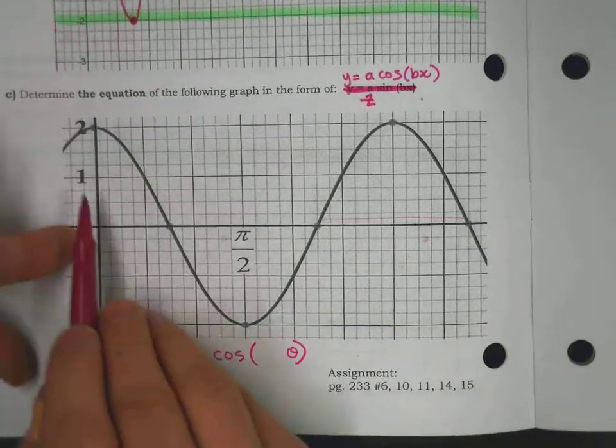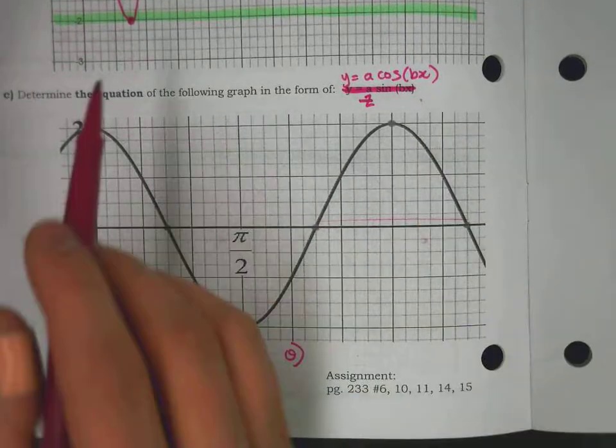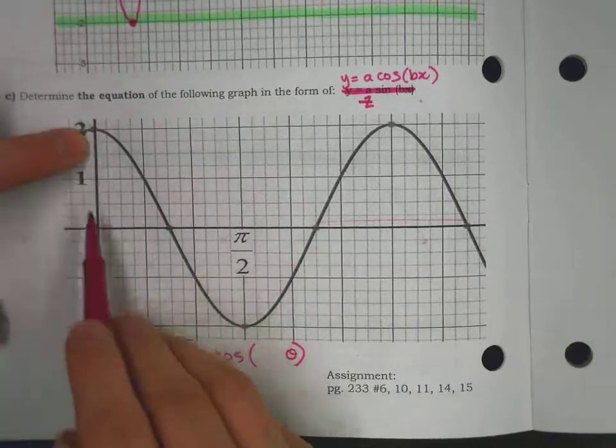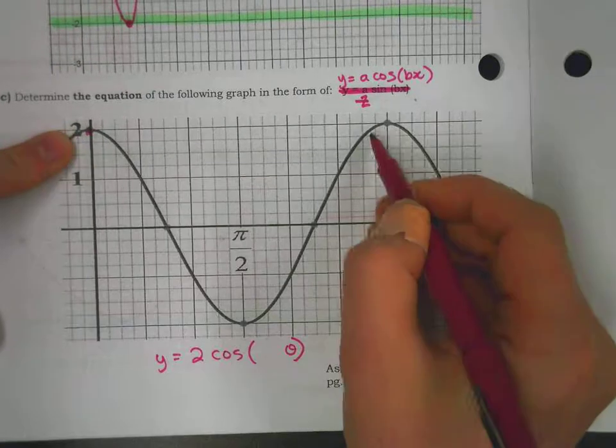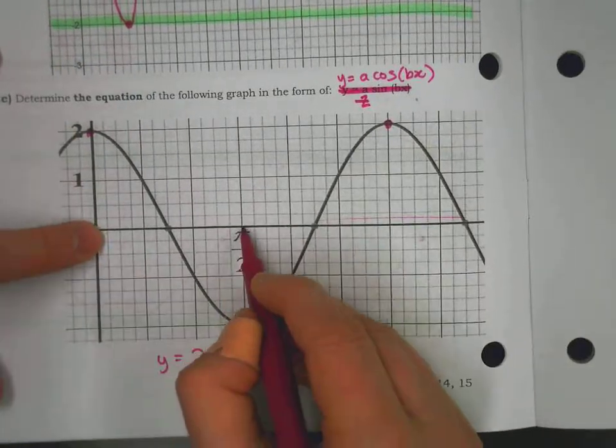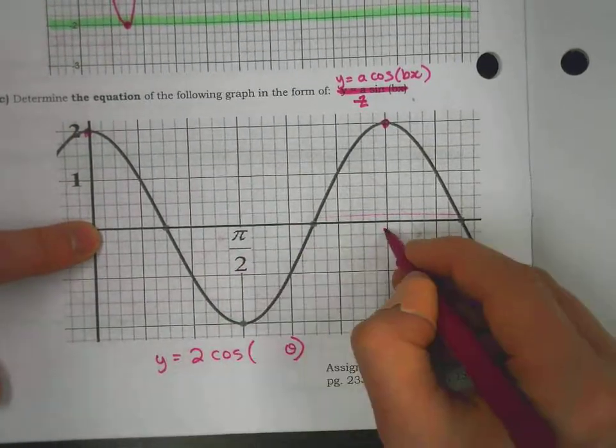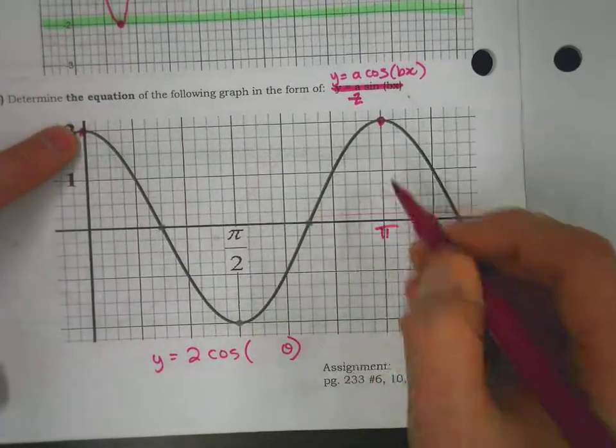B value is the time for one complete wave converted to a b. So the time to go from here, maybe max to max, is if that's pi at the halfway point, pi over 2, then it's pi as one full wave.